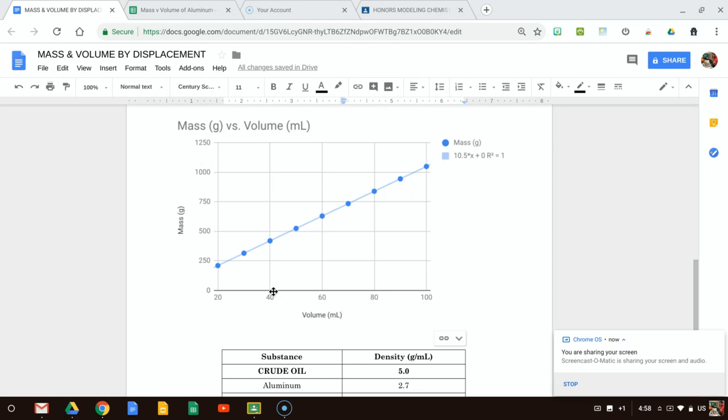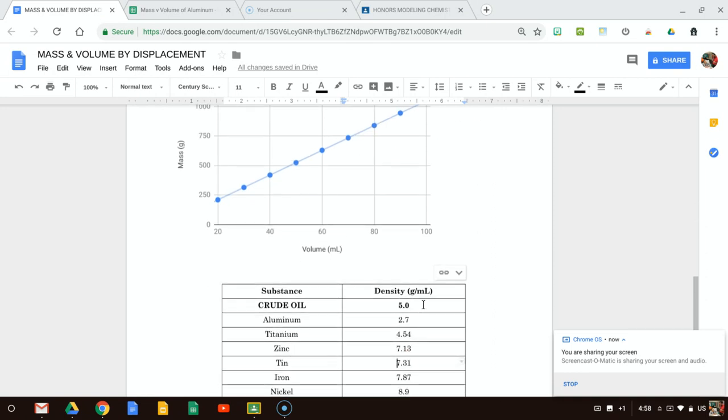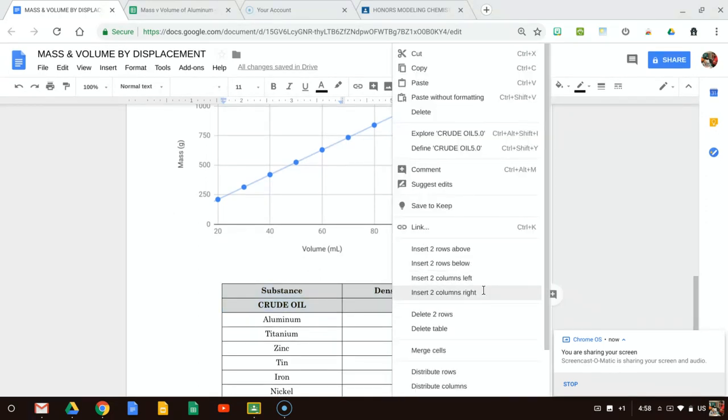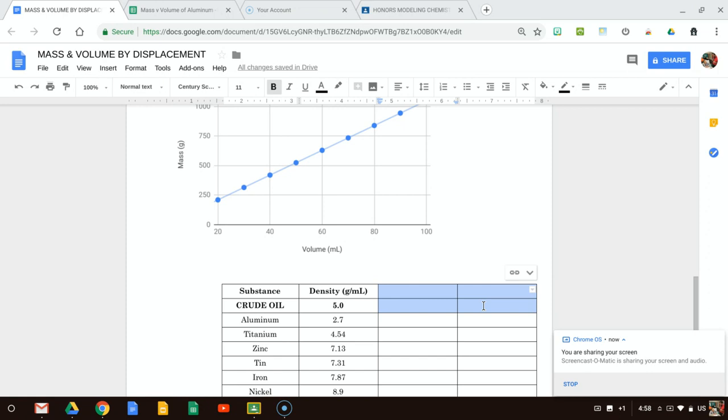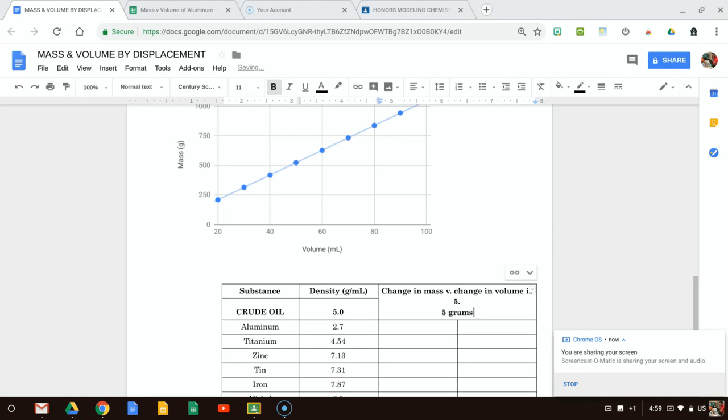Well, I'm not given anything else except the density, but what I do know, and I'm going to add a column for little notes for me, is that the change in mass versus the change in volume is 5, meaning 5 grams of oil for every 1 milliliter of oil.